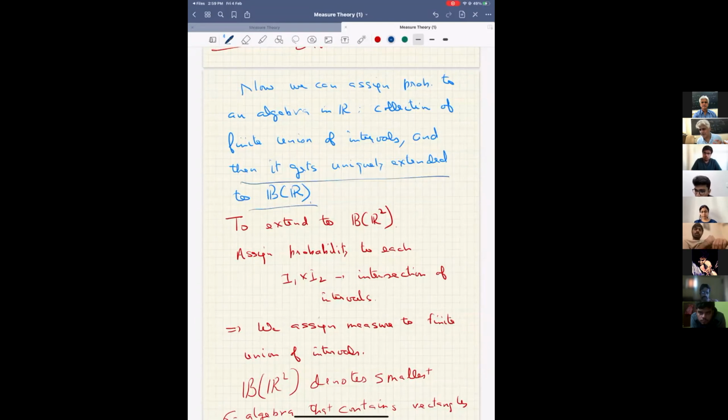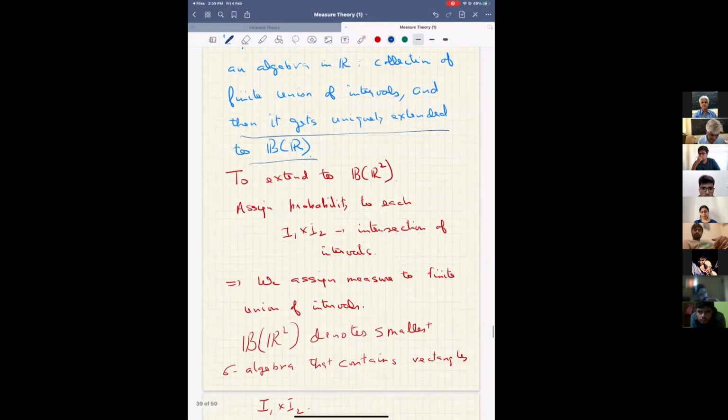And again, we won't worry about whether the last element is there or not. We're considering all possibilities: closed intervals, open intervals, half-closed intervals, half-open intervals, all of this. Because we know that if you collect all the finite unions of such rectangles, we have an algebra. That you can check.